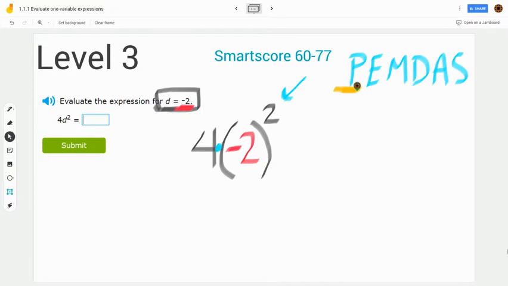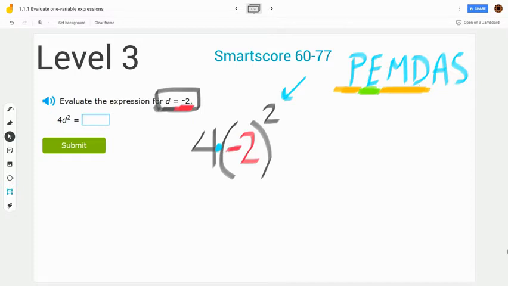There are parentheses here, but there's just a single number in the parentheses, negative 2, all by itself, so there's nothing to do there. So we would then move on to the exponent. Third in this order of operations is multiplying or dividing, at the same level. They're on level 3, step 3. So we will do that after.